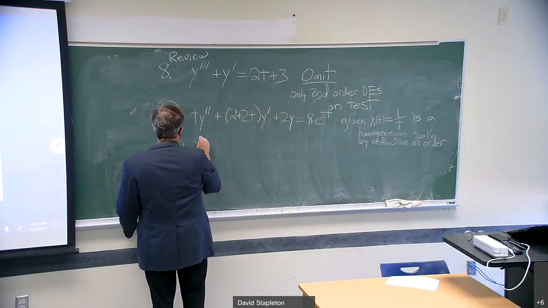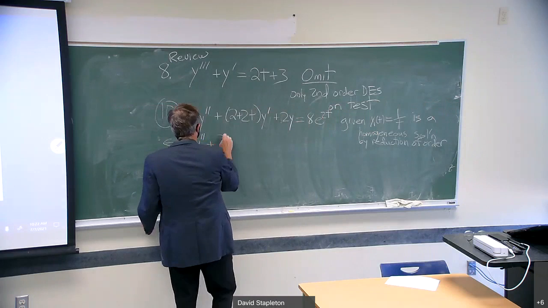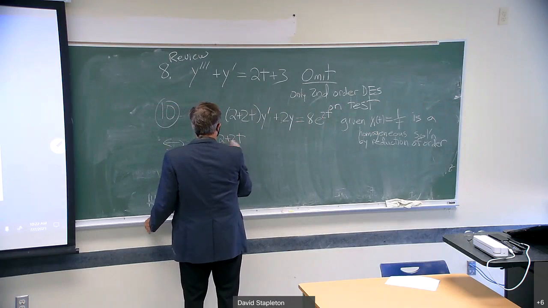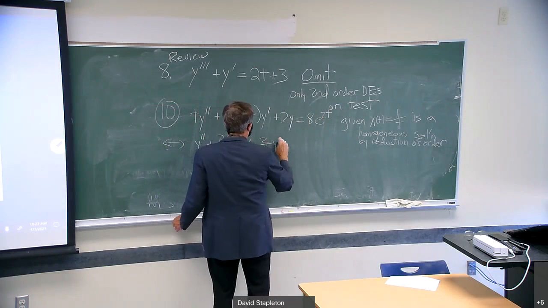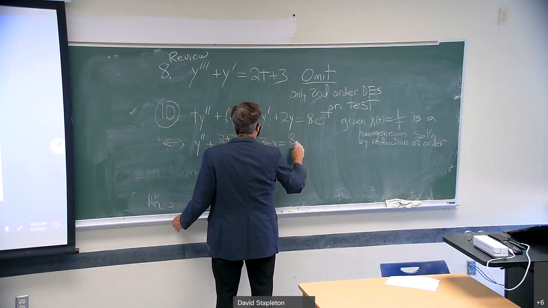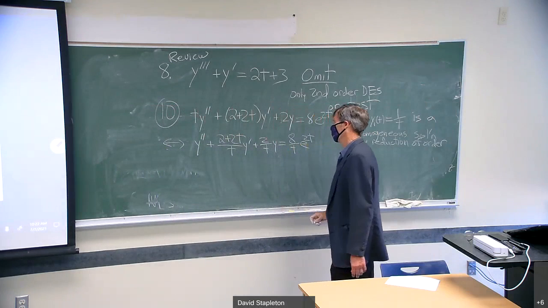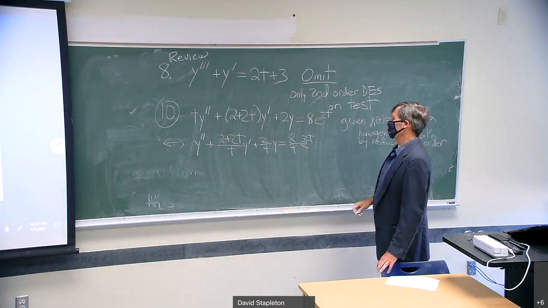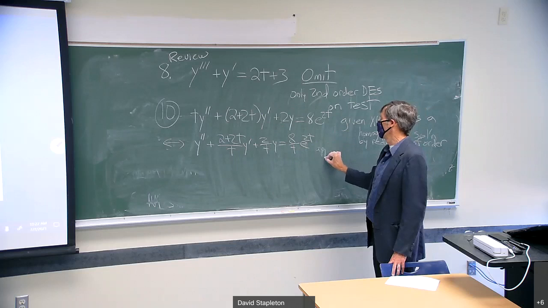You divide through by t and write y double prime on an interval where t does not equal 0. These are equivalent. I'll put it in the standard form, and then I can apply the formula.